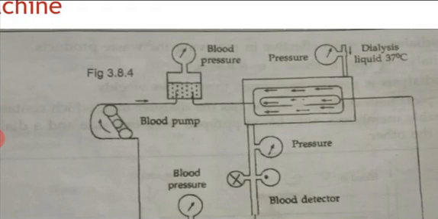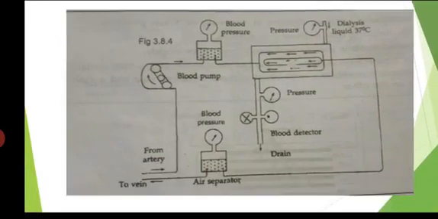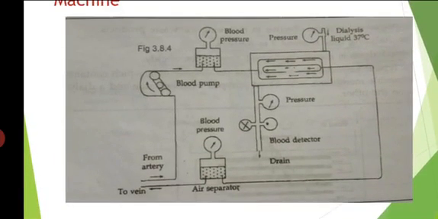Whenever they are giving dialysis liquid, the temperature is maintained constant at 37 degrees Celsius. If the temperature is increased, then it injures a number of the cells of blood. Then this purified blood is given to the air separator.